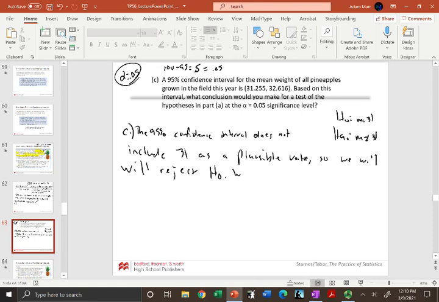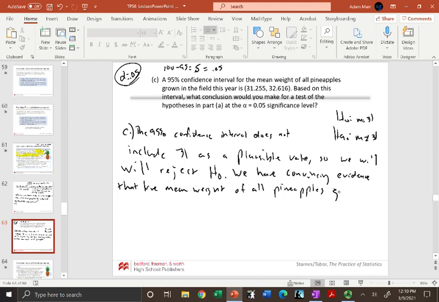So we're going to say we have convincing evidence, and the alternative is that the true mean weight of all pineapples grown this year.